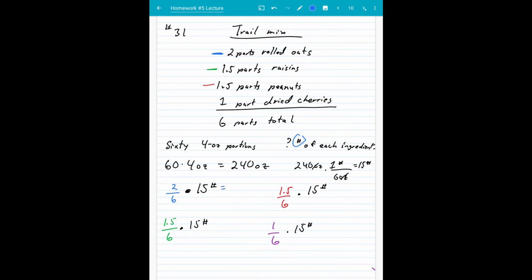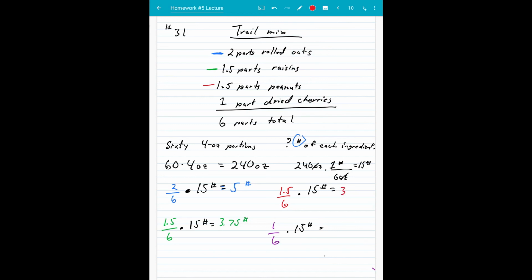So for the first one, 2 times 15 makes 30. 30 divided by 6 ends up making 5 pounds total. For the next one, 1.5 times 15 makes 22.5 divided by the 6 on the bottom. That makes 3.75 pounds. That would mean the same thing for the peanuts.